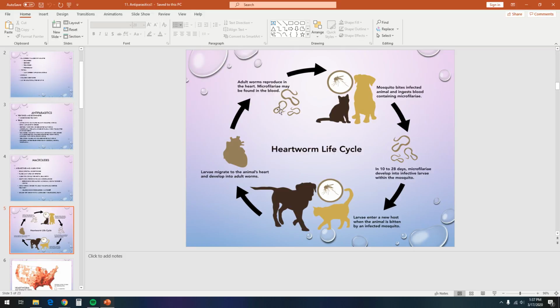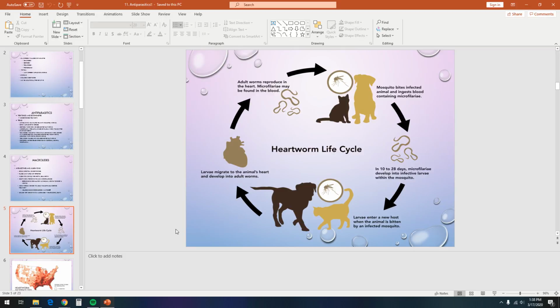Adult worms then reproduce in the heart, and microfilaria may be found in the blood. Here, those are our microfilaria guys. And then the mosquito bites the infected animal and ingests the blood containing the microfilaria. And then in 10 to 28 days, the microfilaria develop into the mosquito larva within the mosquito, and then the life cycle continues again.